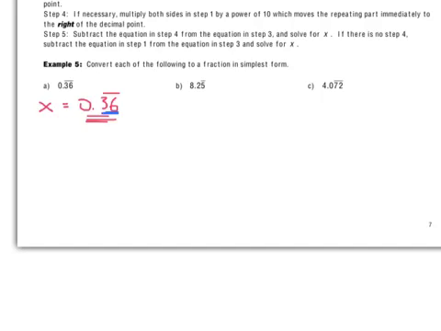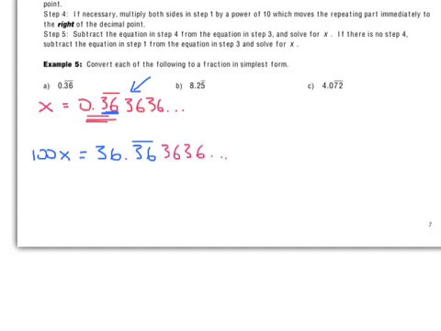So what I'm going to do is multiply both sides of this equation by 100, and I'll tell you why 100 in a second. So if I multiply everything by 100, I'm going to get 100x equals 36.36 repeating, because ultimately this is just 36, 36, and so on.